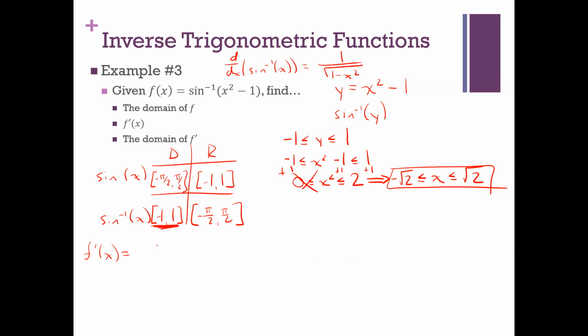Which means this is going to be equal to 1 over radical 1 minus x squared minus 1 squared, right? Oh, the derivative, yeah.